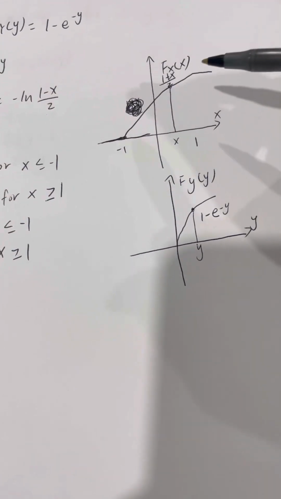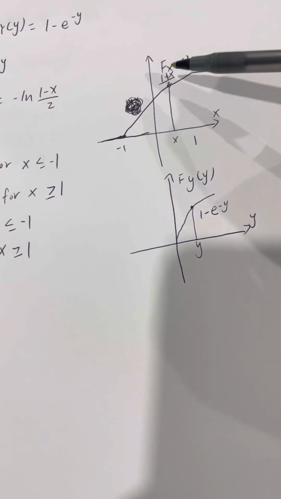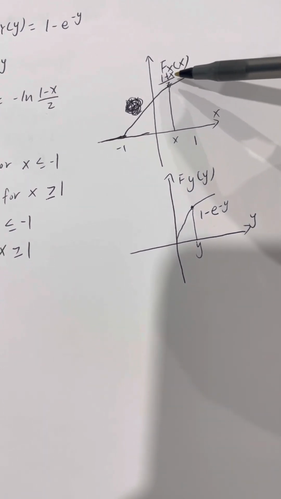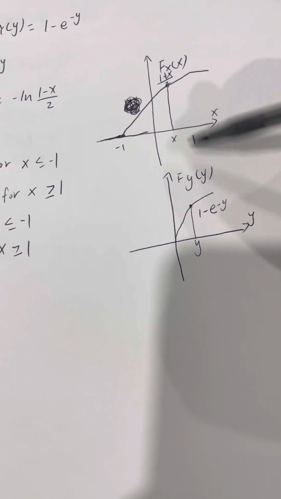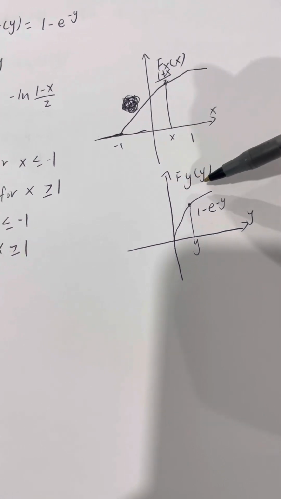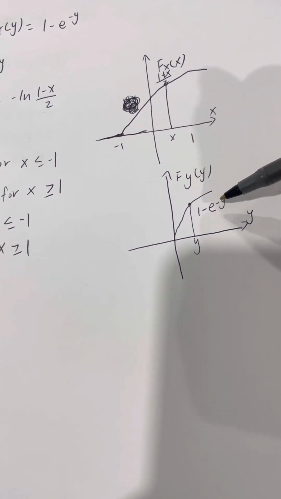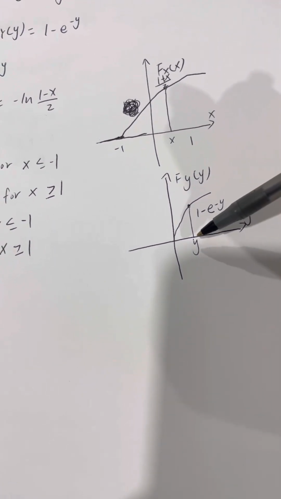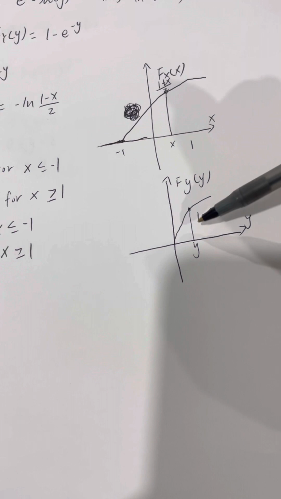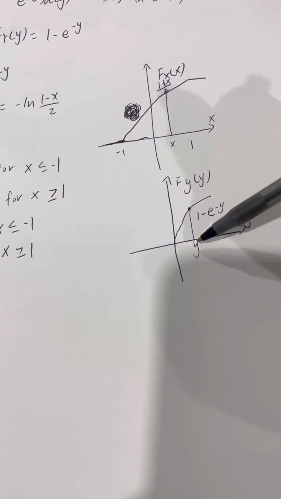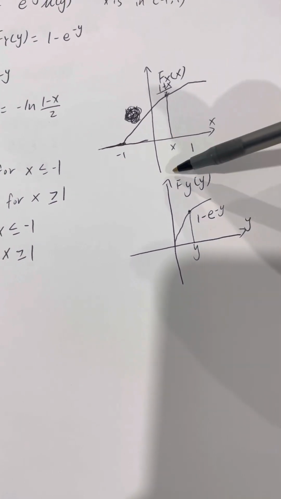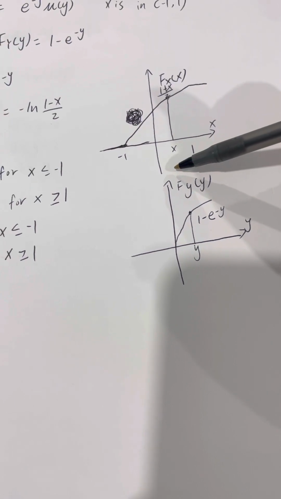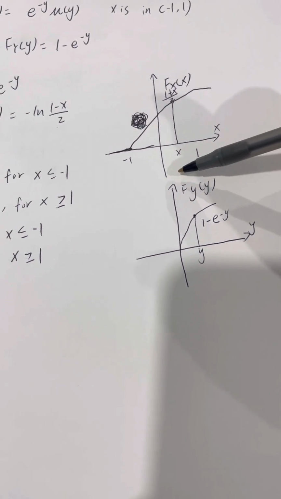So that means when F_X(x) equal to 1 plus x over 2, and when F_Y(y) equal to 1 minus e to the negative y power, the x and y are equal. If you solve for y in terms of x, then you can get the range for the g of x.